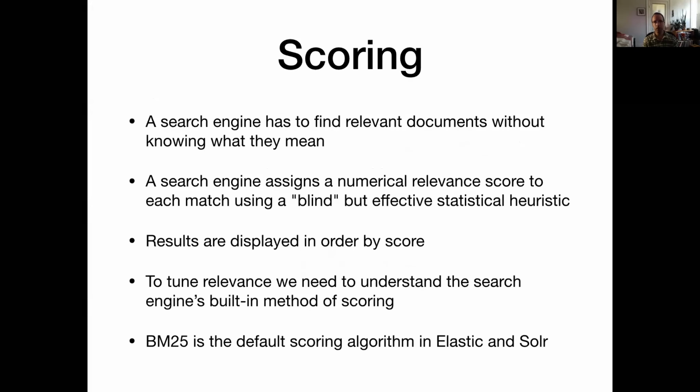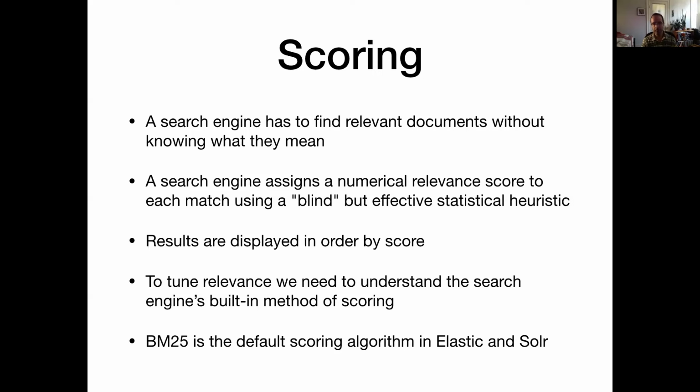Just to review, when we talk about scoring, what do we mean? So we all know a search engine has to find relevant documents without really having a deep understanding of what they mean. And in order to do this, a search engine assigns a numerical relevance score to each match using a blind but effective statistical heuristic. Results are then displayed in order by score.